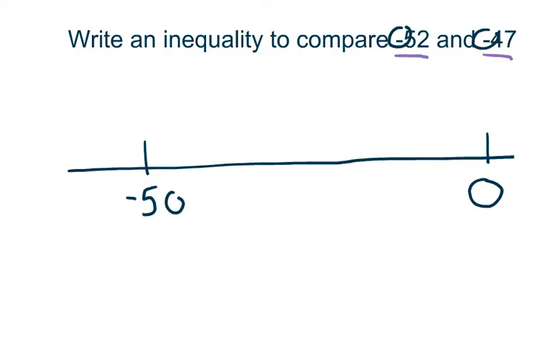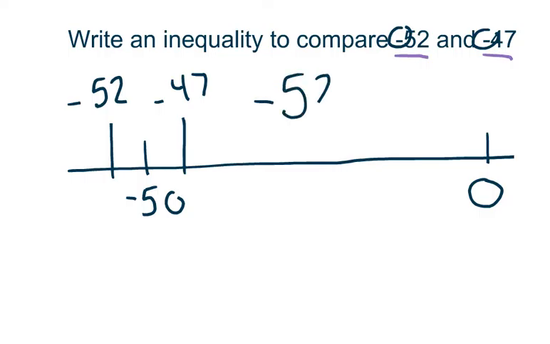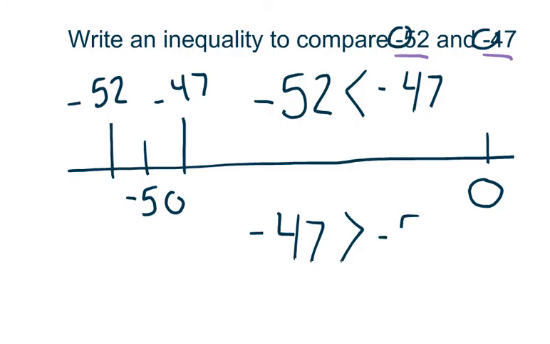I know that -52 will be further to the left, and then I know that -47 will be on the right of that. And using what I know, -52 is less than -47. So I will write -52 less than -47, or I could write -47 greater than -52.